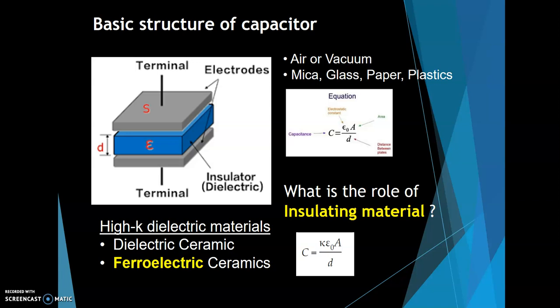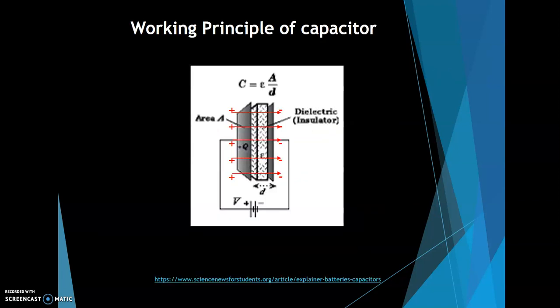Now let us move on to the working principle of a capacitor. To understand it, let us consider that the two electrode plates are connected with a battery. The moment we connect the two electrode plates with the battery, positive and negative charges are developed and get accumulated on the surface of the electrodes.